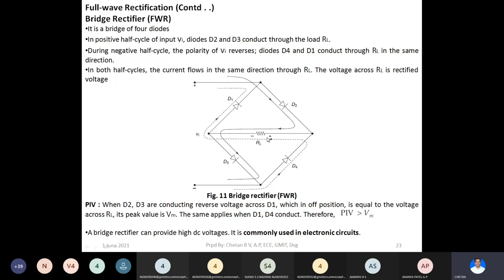If you take this diode as not ideal, this voltage will also get added with this. Therefore, usually for this bridge rectifier, you consider the peak inverse voltage to be slightly greater than Vm. So what is Vm? Vm will be the voltage across this RL during the positive half cycle when D2 and D3 are conducting. If you are finding the voltage across this D1, which is open circuit during the positive half cycle, you will get the voltage Vm.